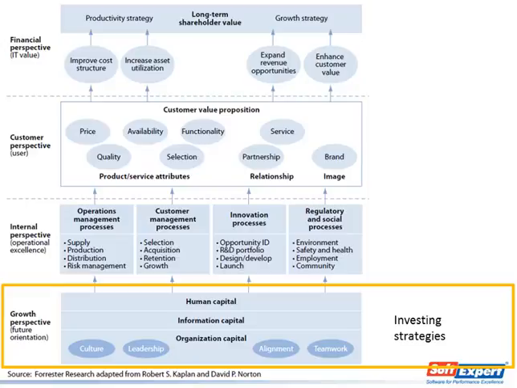This perspective defines the core competence, skills, information systems, and corporate culture required to successfully execute strategy. The three intangibles of the learning and growth perspective are human capital, information capital, and organization capital.